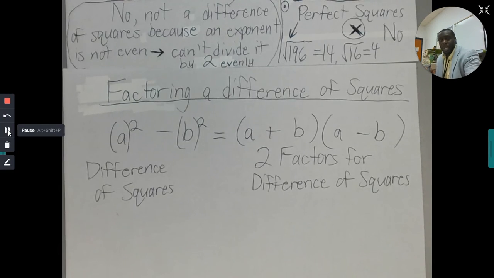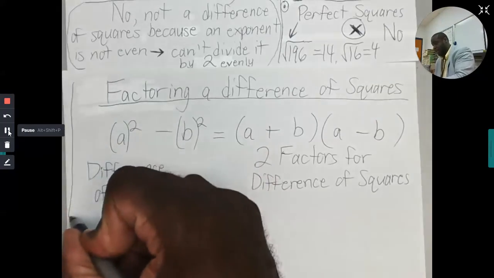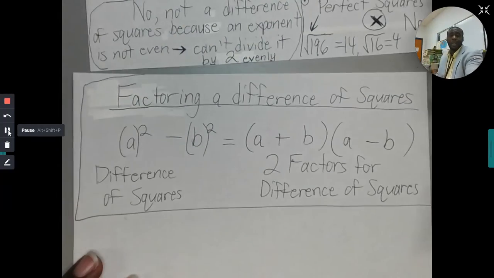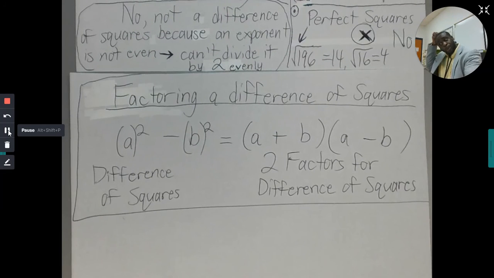All right, we'll do a few examples in the next video. I hope that this has been helpful with just what difference of squares is, with what a perfect square is, and how to identify whether or not you've got a difference of squares.